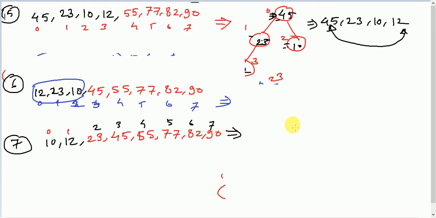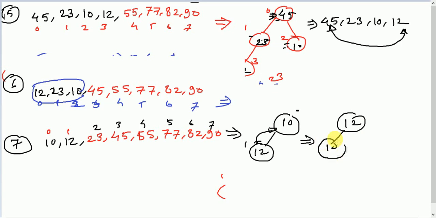Here 10 will come at the 0th index and 12 will come as its left child. Among these two, the larger is 12, so 12 should come up. After arranging this, we'll get the array like this, 12 and 10, indexes 0 and 1.